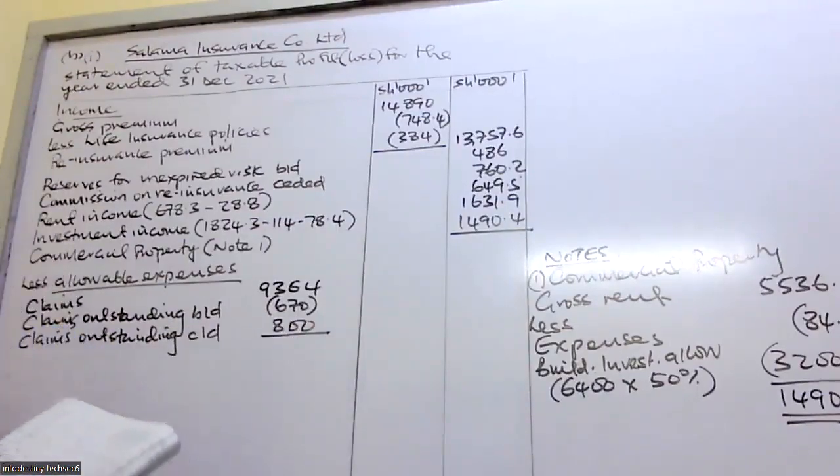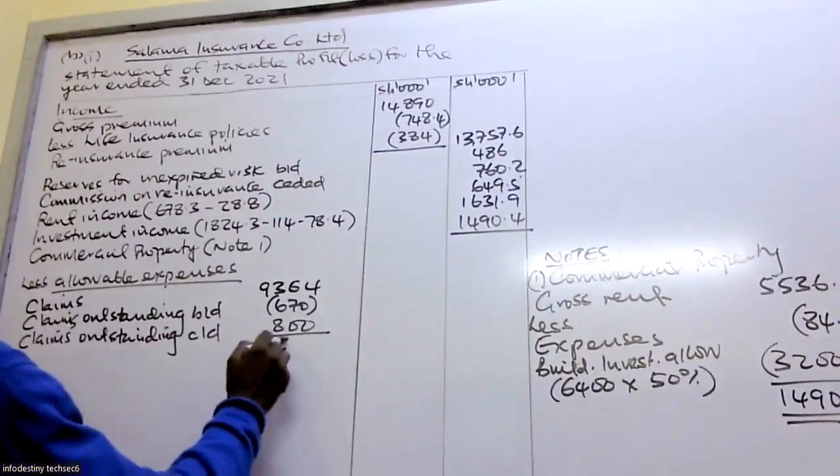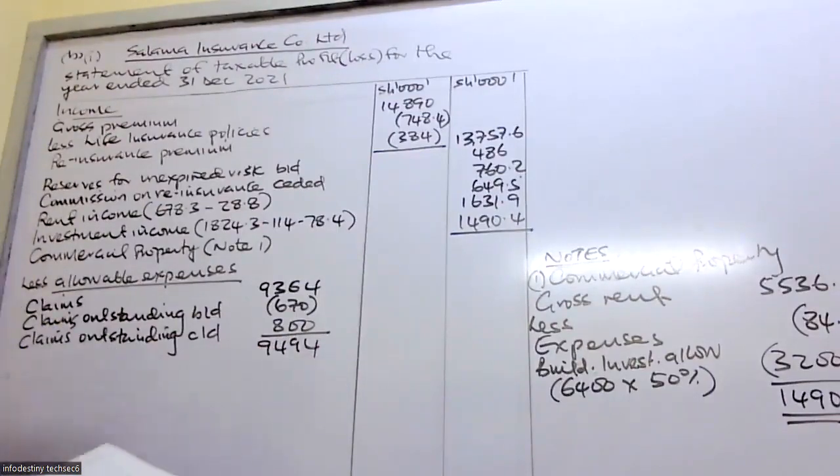We get a subtotal for that, 94.94. Then we look for anything that was recovered, and it is there. Claims recovered on reinsurance is 562.8.